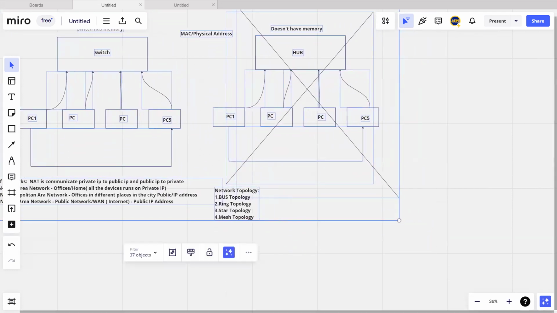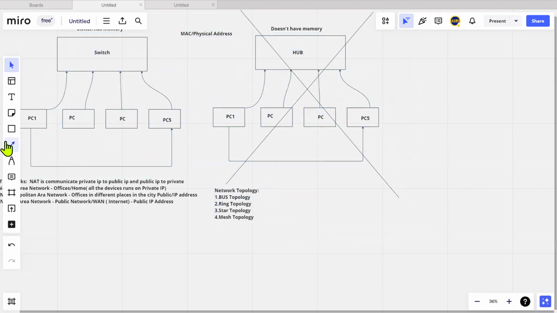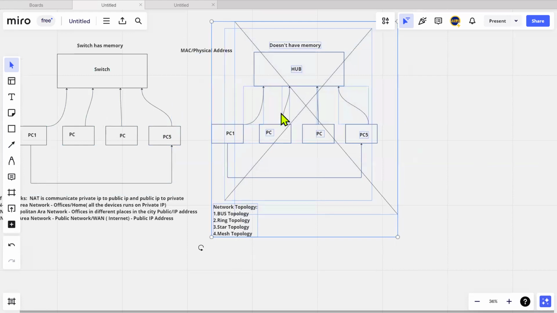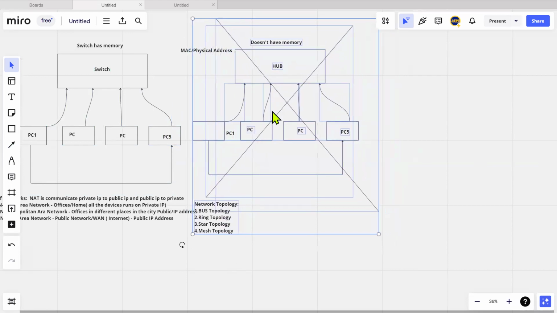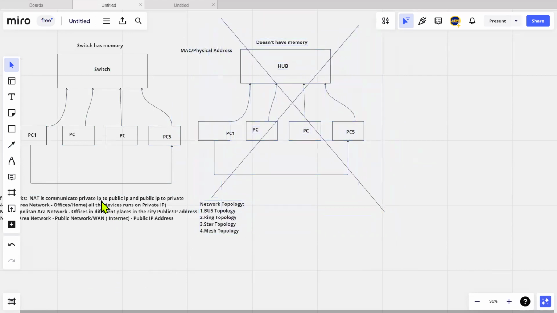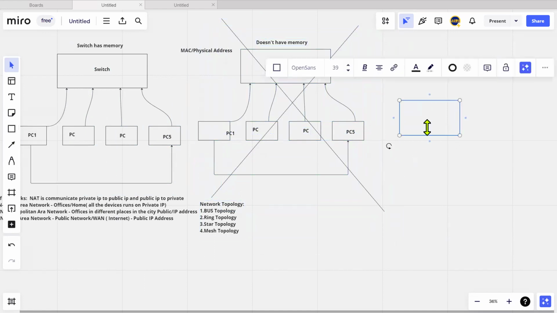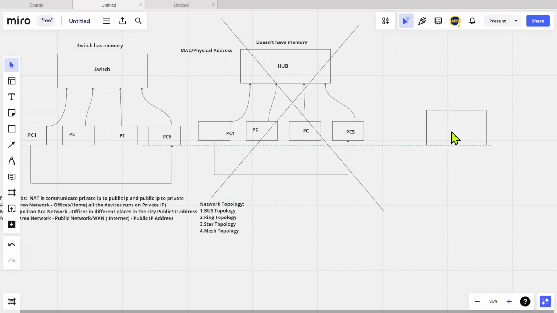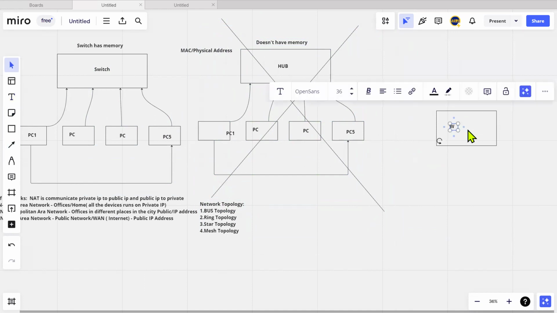Okay, so let's take our home. So in every home nowadays, there is a Wi-Fi router, right? Without a Wi-Fi router, I guess.